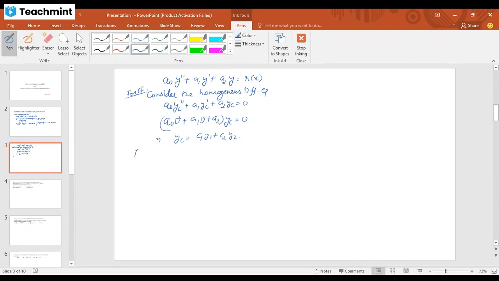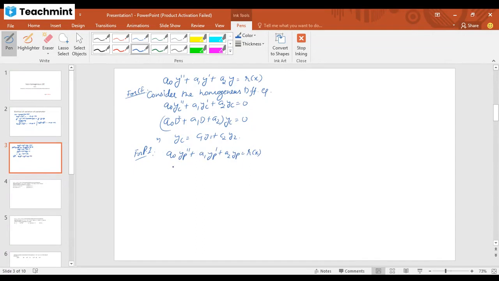Now for the particular integral, we are assuming that a naught yp double dash plus a1 yp dash plus a2 yp equal to r(x), that is, yp is the solution which satisfies this equation.